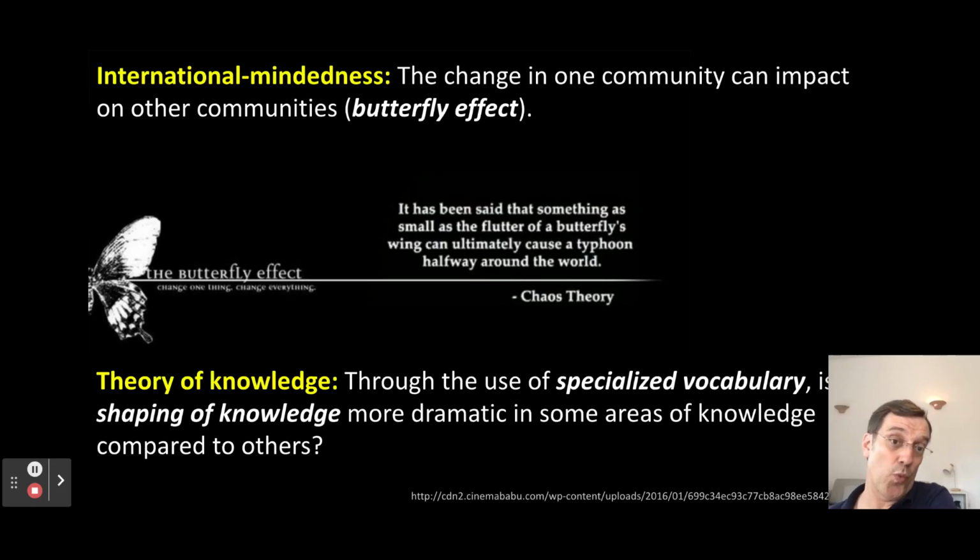Change in one community can have impacts on other communities. We sometimes see this referred to as the butterfly effect, but I'm going to come back to the elephants that we were looking at just a few minutes ago. Elephants shape the landscape.